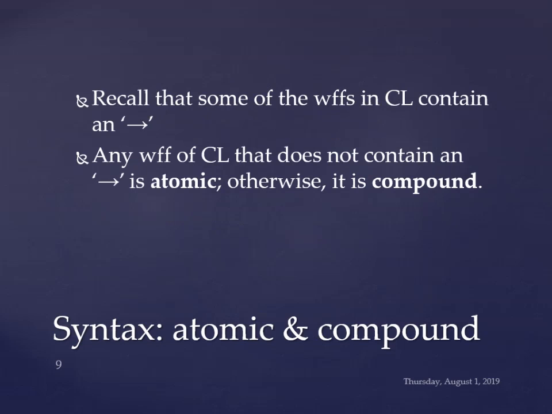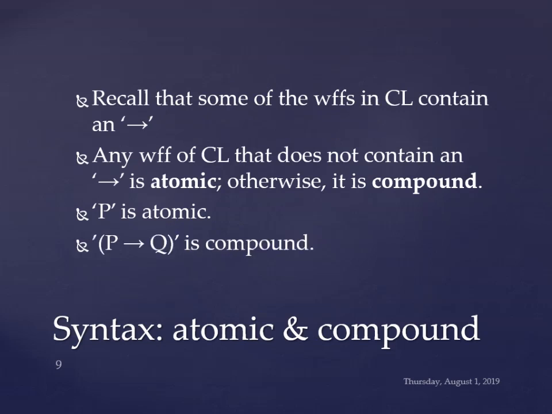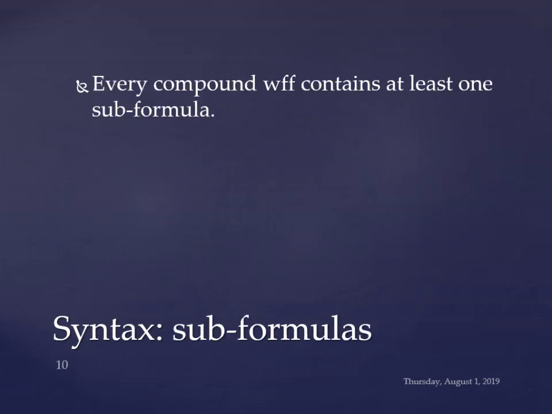Otherwise, it's compound. So P itself is atomic. It's not attached to anything. It just stands alone, right? Whereas P arrow Q is compound. That's a distinction you should get to know. We'll be revisiting atomic and compound sentences throughout the semester.